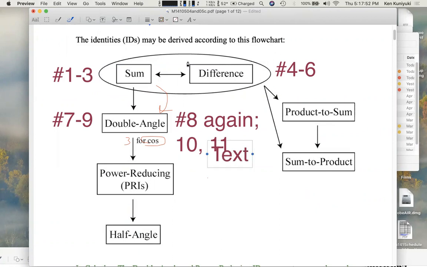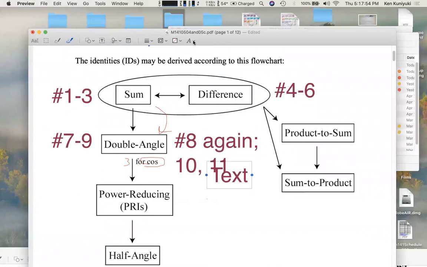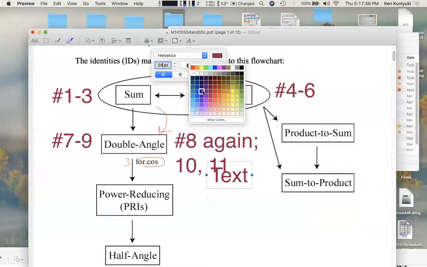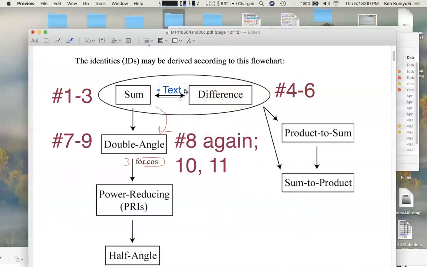In fact, I can type that in small text. Okay, so we flip all visible signs to get from sum to difference.